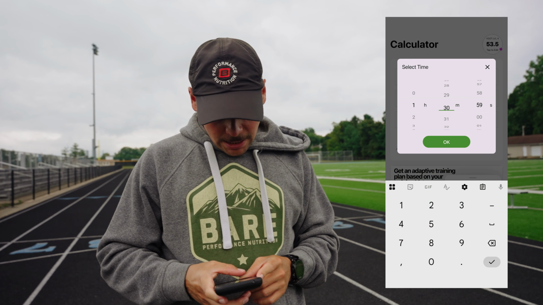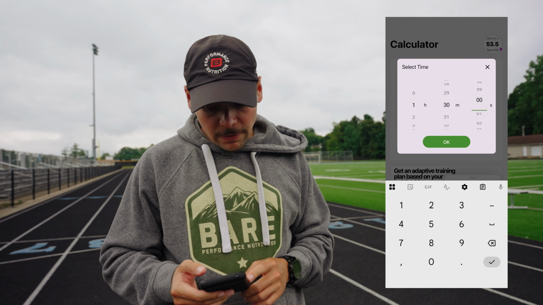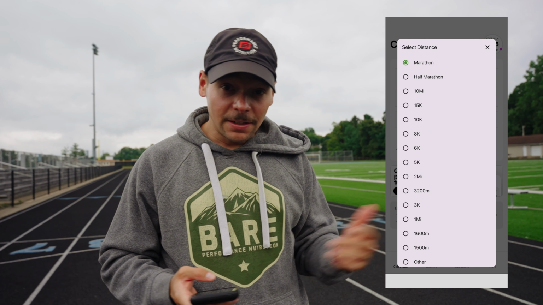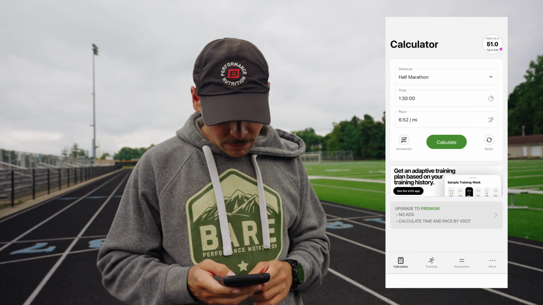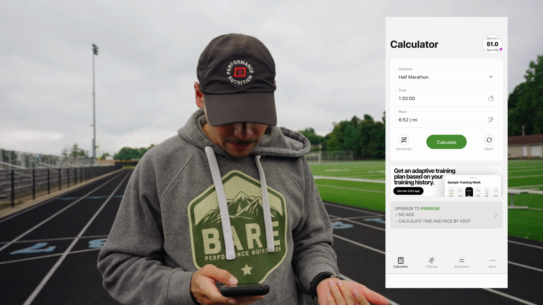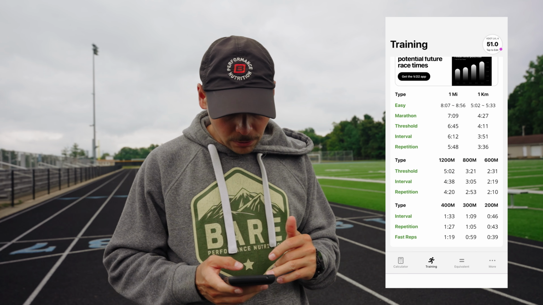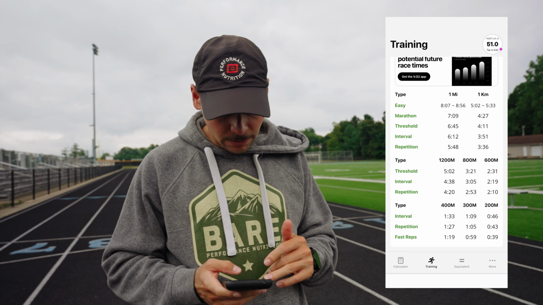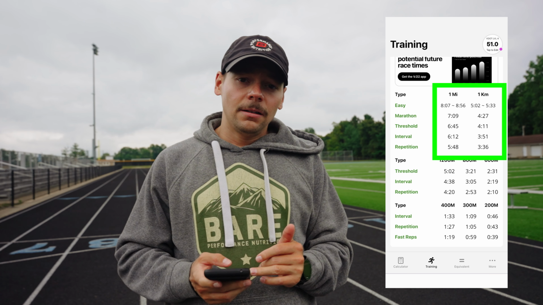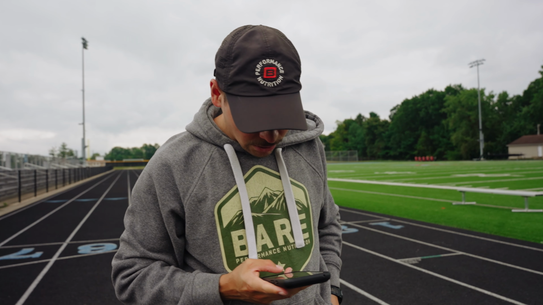So if I plug that into the VDOT calculator, a 1:29:40 is a 6:50 pace, and the training equivalents for that, if I want to do intervals at 1 kilometer, gives me a 3-minute 50-second interval. Not as fast as I thought. I'm gonna try to go a little faster.